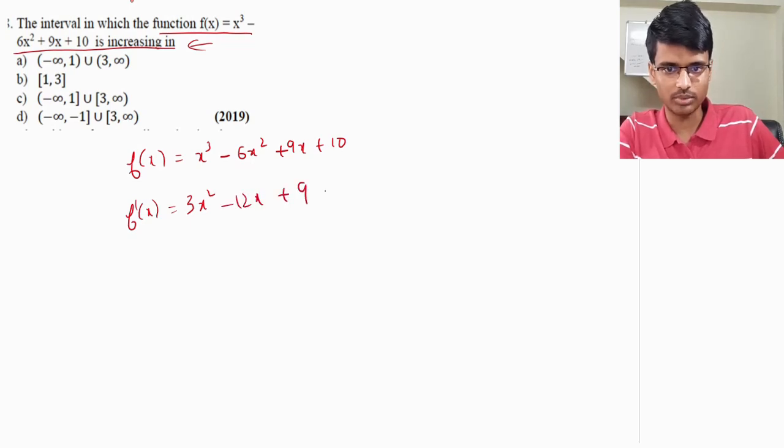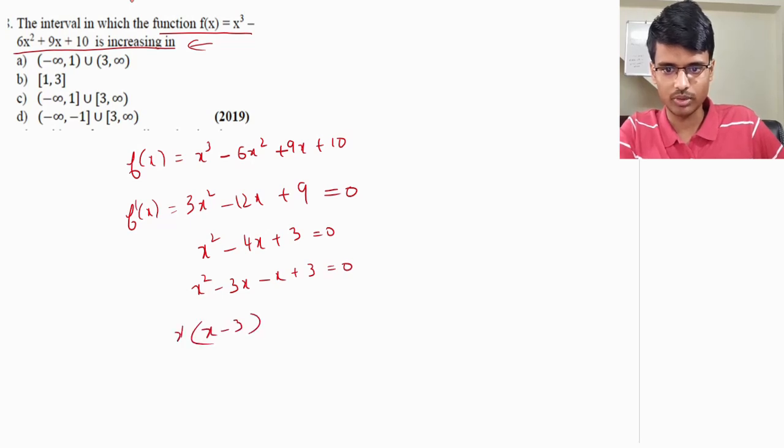I just need to equate this to 0 to find my stationary points. I'll get x^2 - 4x + 3 = 0. This is a quadratic equation. x^2 - 3x - x + 3 = 0. x(x - 3) - 1(x - 3) = 0. So (x - 1)(x - 3) = 0. So my stationary points are 1 and 3.